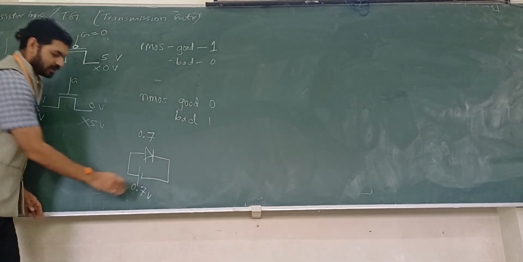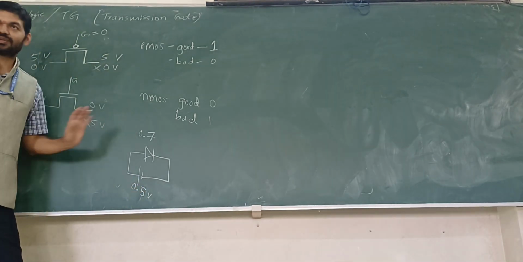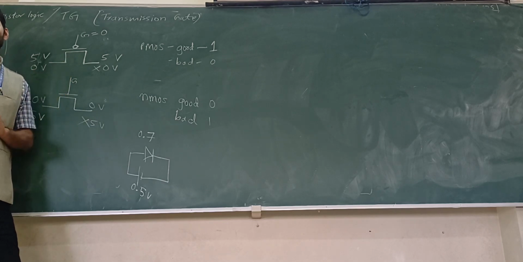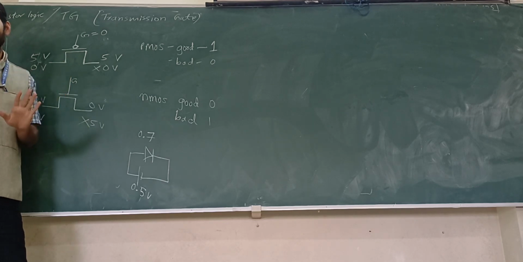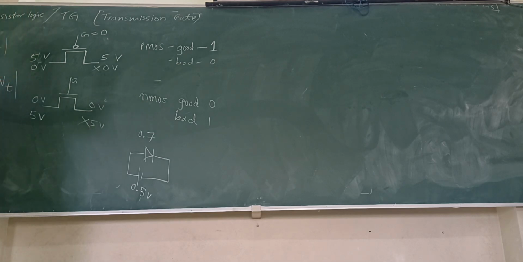If I apply 0.5, it will not turn on. So I hope you understood what threshold voltage is: the minimum voltage required to turn on the device. Now this is VT, and let us assume that all the MOSFETs are made of silicon, since it is freely available and low cost.